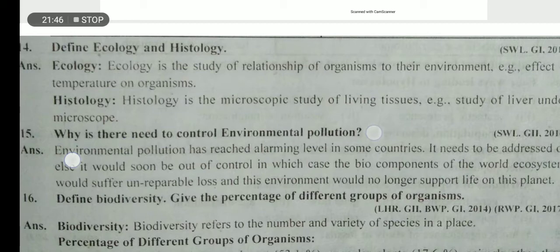Why is there need to control the environmental pollution? This is the basic problem that needs to be addressed. If we do not address the environmental pollution, it causes lethal or severe effects in the environment, just like we are suffering from fog.